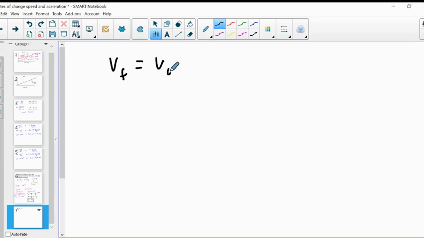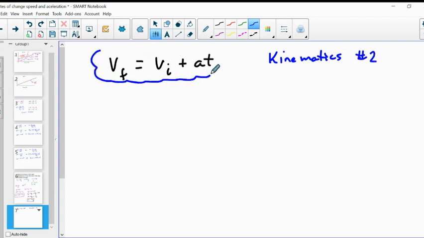Equal to the initial velocity plus AT is a very common calculation that we do, and we do it frequently in physics. So we're going to refer to this as our second kinematics equation. And of course, it can be maneuvered around with a little bit of algebra to solve for the other variables.